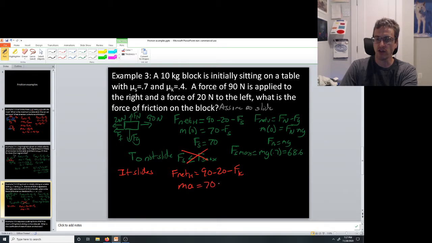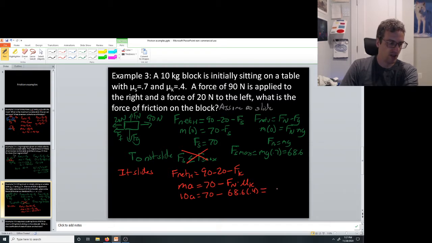And we know that kinetic friction is always normal force times UK. So I've got 10A equals 70 minus 68.6 times 0.4. That comes out to be 30.8 newtons, which means my acceleration is 3.08.